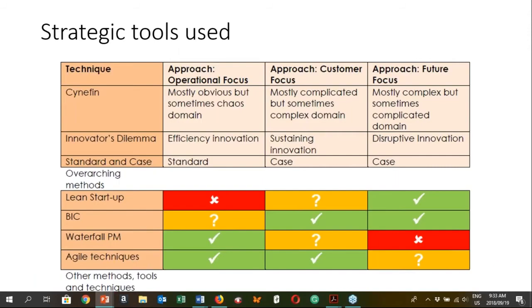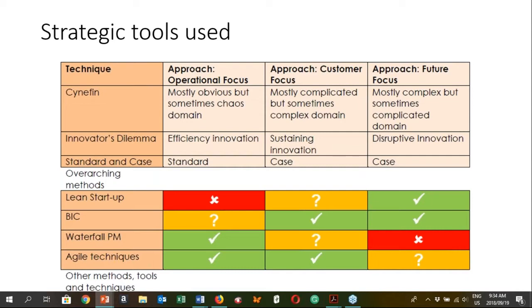Then we move into really practical stuff. We take that guidance, we've turned it into a table, you know, saying for optimization, for customer focus or consumer focus, and for future focus. High-level approaches that you can use, and we've identified essentially 4 here that we think is quite useful. Lean Startup, a book by Eric Ries, really good resource if you think about creating the future.